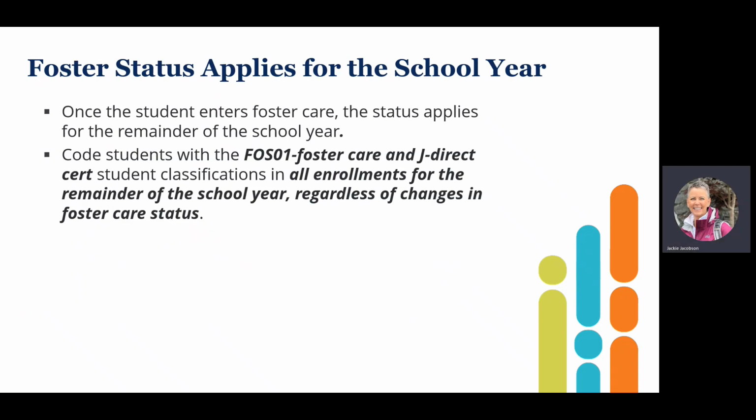Once the student enters foster care, that status will remain for the entire school year. So please code students with FOS01 foster care and J-Direct Cert student classifications in all enrollments for the remainder of the school year, regardless of any change in foster care status.